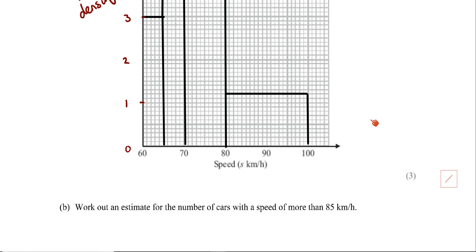An estimate. Yep. Eva? The class interval 80 to 100 has a frequency of 24. Maybe we can start by finding the frequency density, which is 1.2. And then multiplying this, if this is only for one number, and it's 85, and 85 to 100 is 15, multiplying 1.2 by 15.